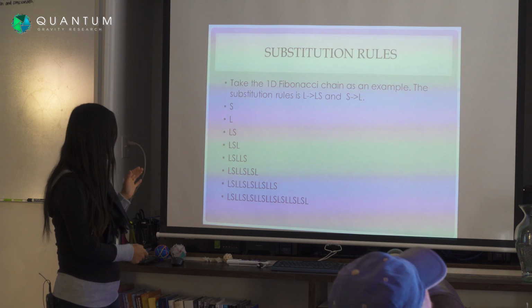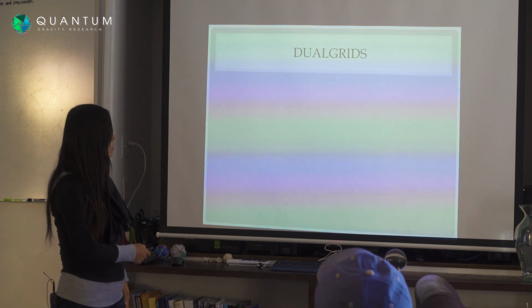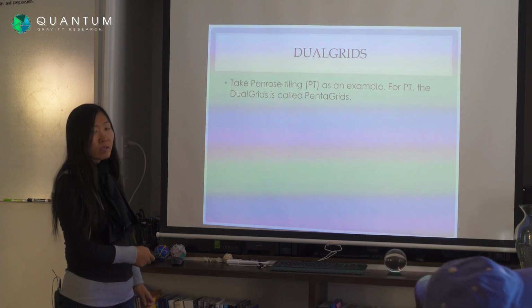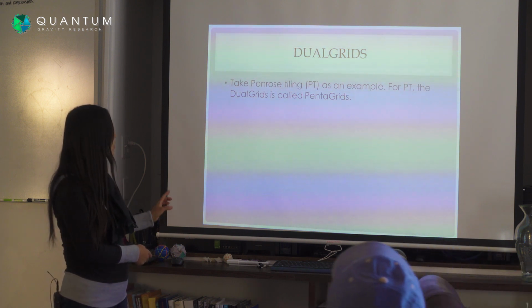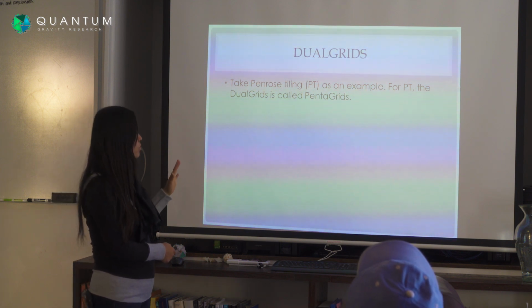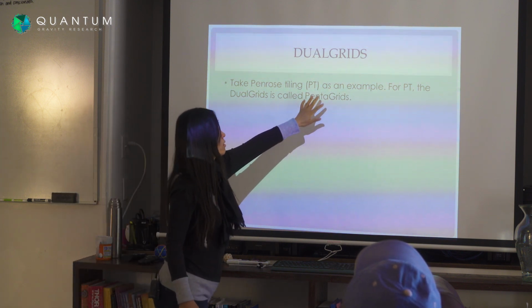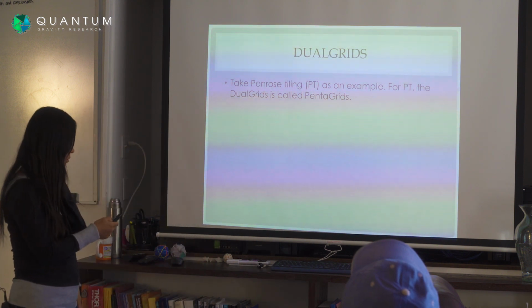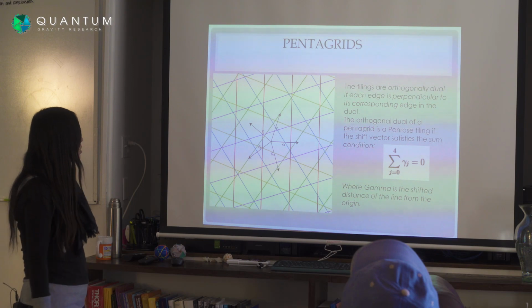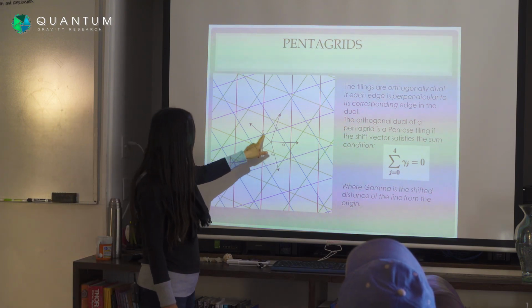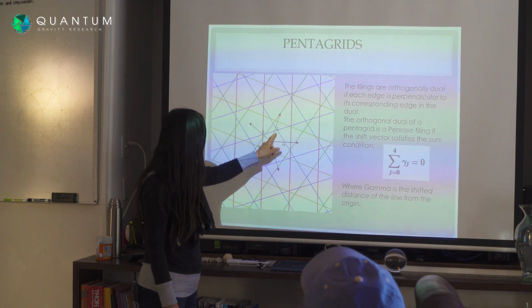It's pretty simple. Okay, the dual grid method. I'm going to use the Penrose tiling example. For Penrose tiling, the dual grid is called a pentagrid because it has 5-fold symmetry, and penta is from the word pentagon. So what is a pentagrid? Firstly, you set up 5 directions.